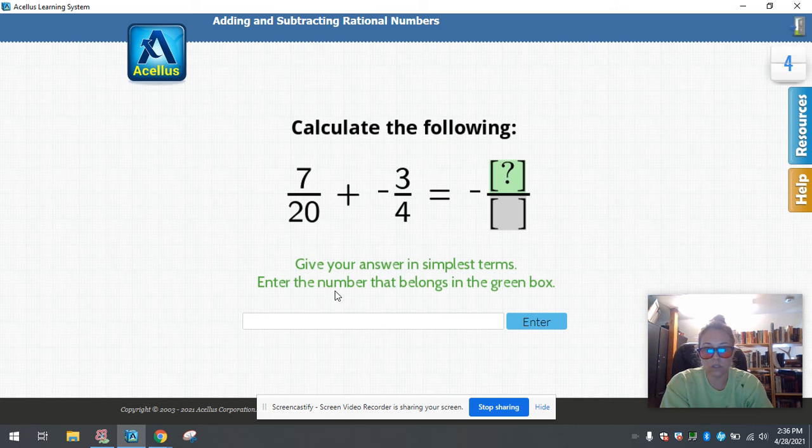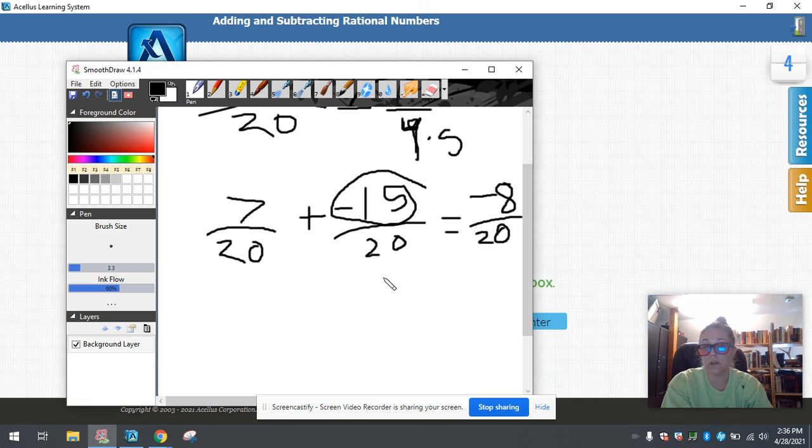Now, it says to give your answer in simplest form, so we are going to reduce -8/20. You probably know these are both even numbers, so we can divide them by 2. Or you might know that 4 fits into 8 and 20, so divide them by 4.